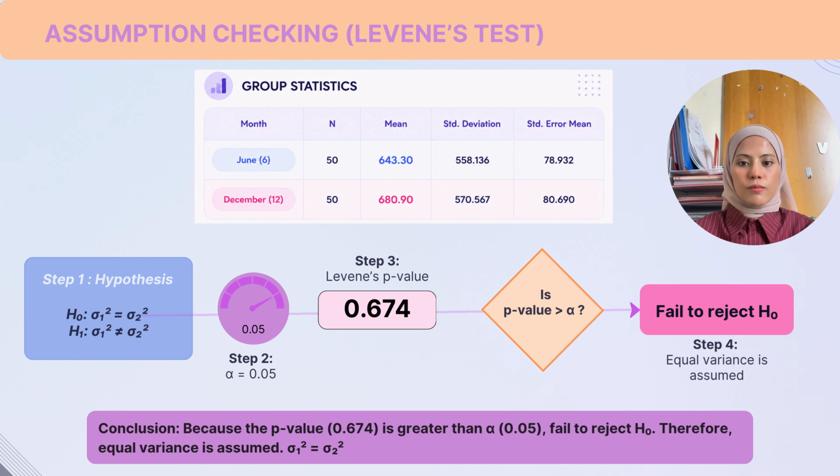P-value is 0.674. Step 4, p-value 0.674 is more than alpha 0.05. Therefore, fail to reject H null. Step 5 is the decision. Since p-value 0.674 is greater than alpha 0.05, we fail to reject the H null hypothesis. This means the assumption of equal variance is assumed.